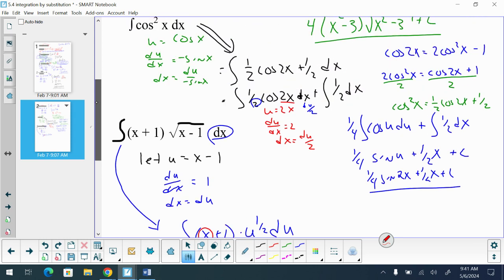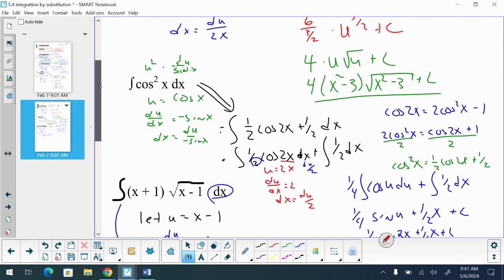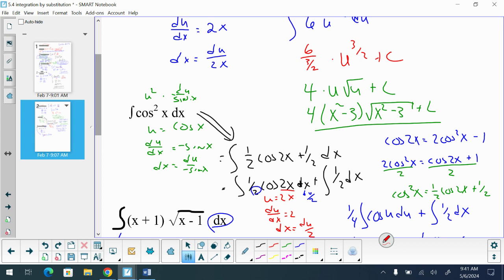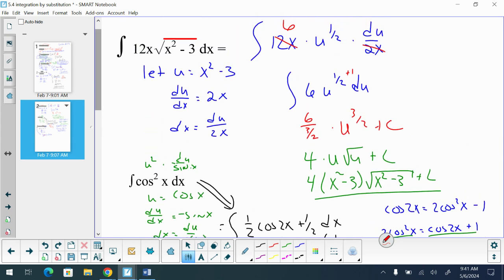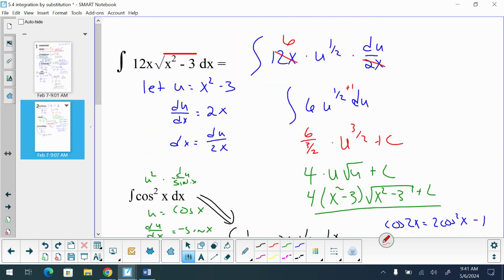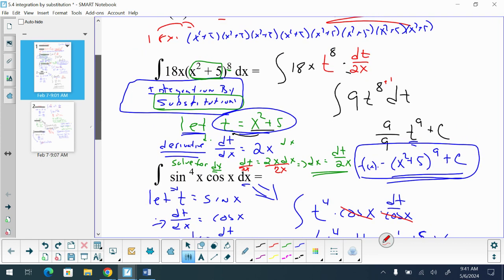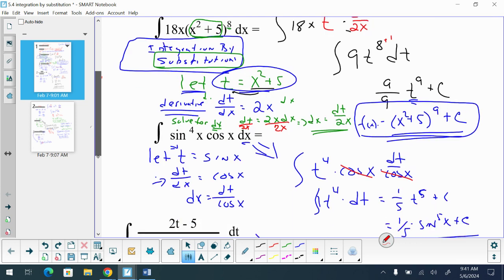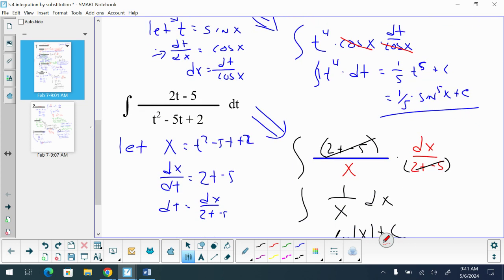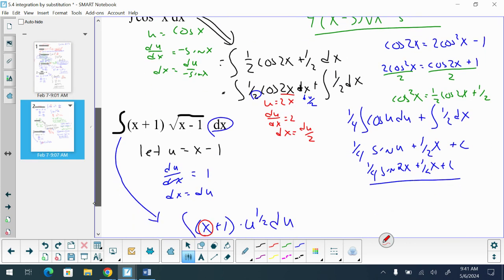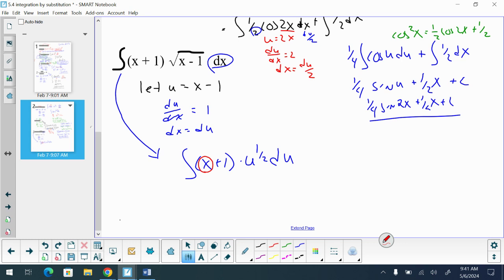On all these other problems, except for the last one, we were able to cancel out stuff. The 2x and the 12x, we were able to cancel that out. On the front side, we were able to cancel out the 2x and the 18x. We're able to always cancel stuff out. This one we can't.